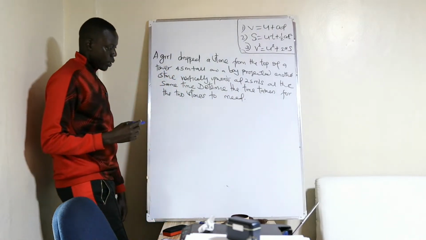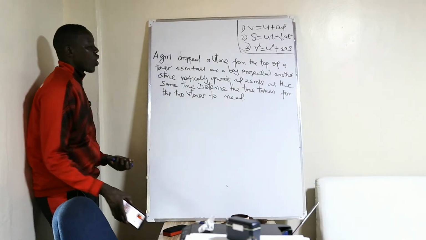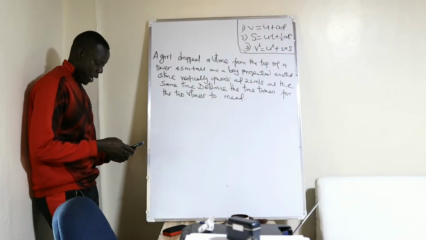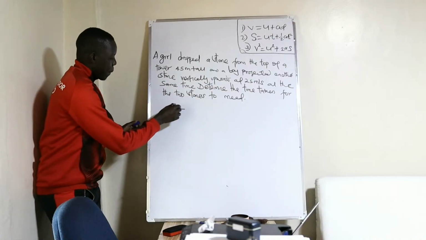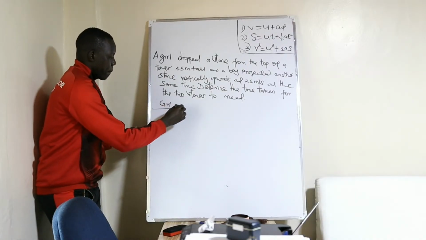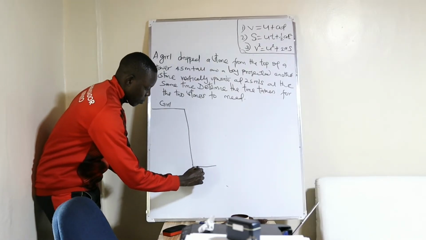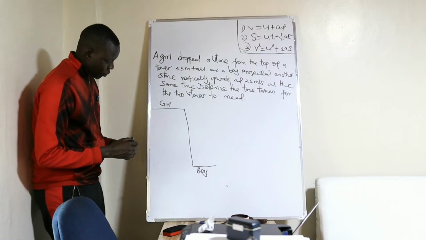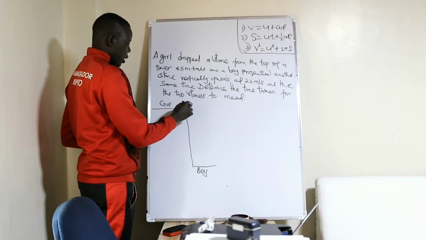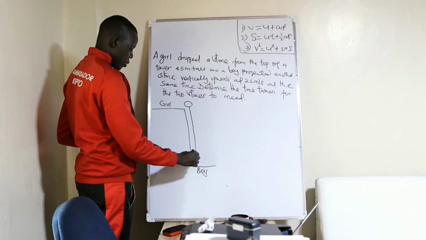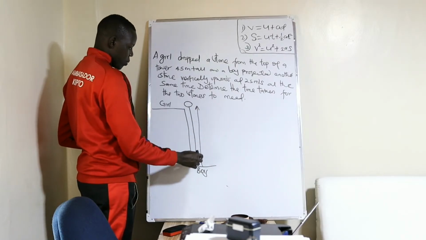Yes, it's a good question. I'm going to elaborate kidogo as you're also thinking on how the question should be done. Wewe umesoma hiyo swali ikwaje? Like, we have a girl here. Then we have a boy. The girl is dropping a stone, inaenda hivi. And the boy is projecting another stone iende juu.